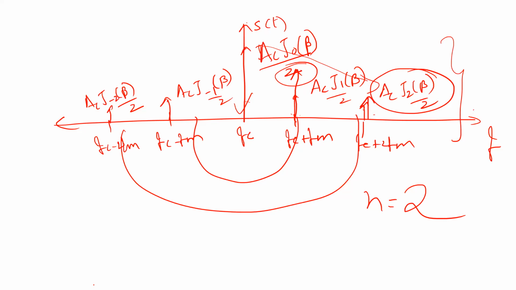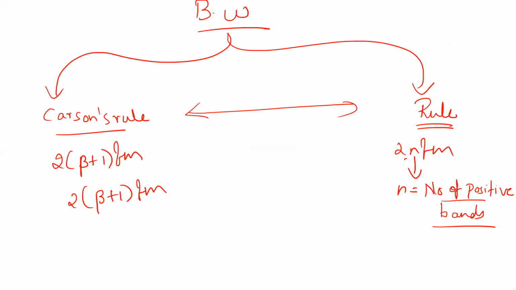Because the Bessel function is applicable when the beta value is greater than or equal to 1. For beta smaller than that, it will not show up. Is it clear? Understood, very clear, sir.